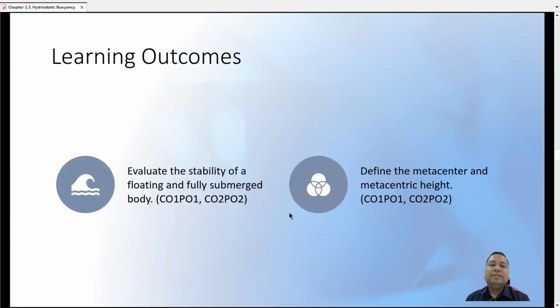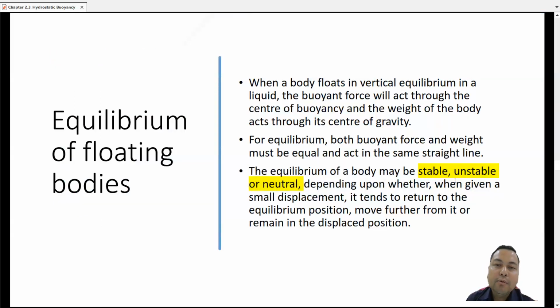You should be able to evaluate the stability of a floating and fully submerged body and define the metacenter and metacentric height. When a body floats in vertical equilibrium in a liquid, the buoyant force will act through the center of buoyancy, and the weight of the body will act through the centroid or the center of gravity.